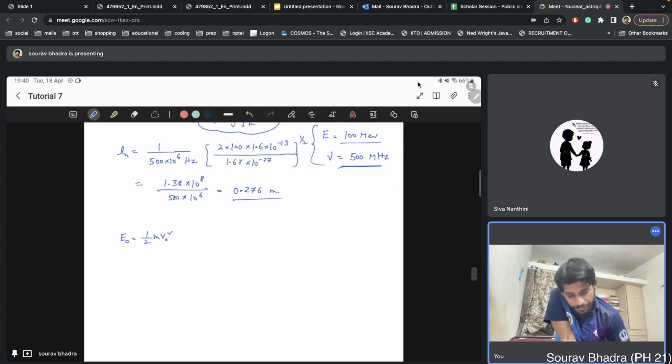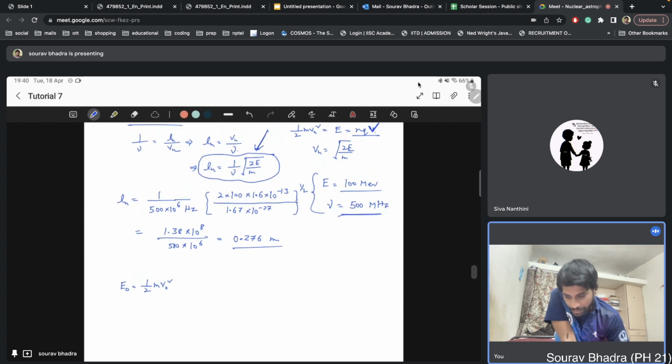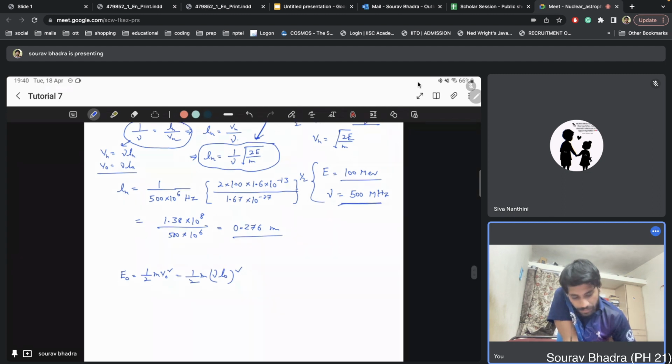Vn is nu ln, so V0 is nu L0. In this way you can write it: half m (nu L0) square. Given L0 is 5 centimeter, that means 0.05 meter.